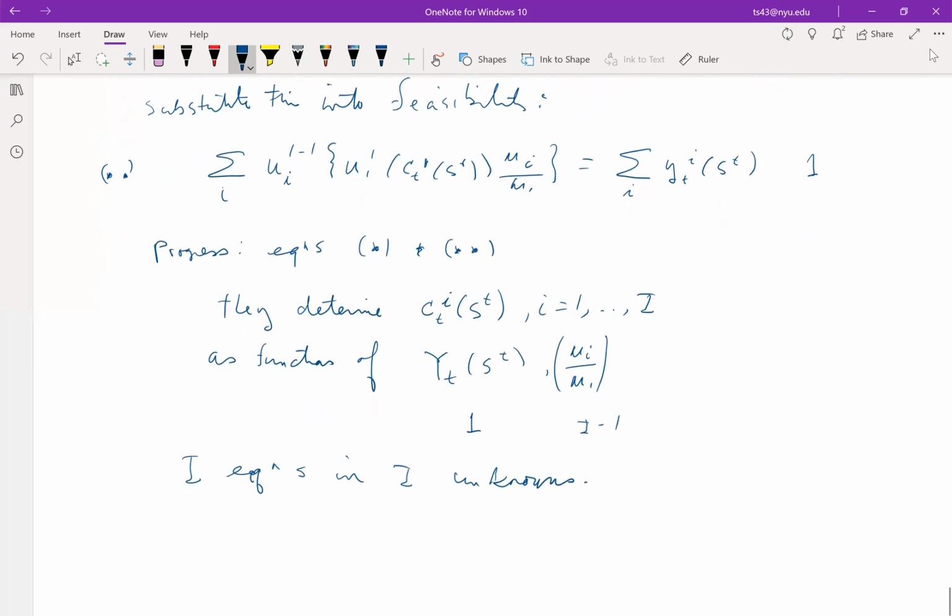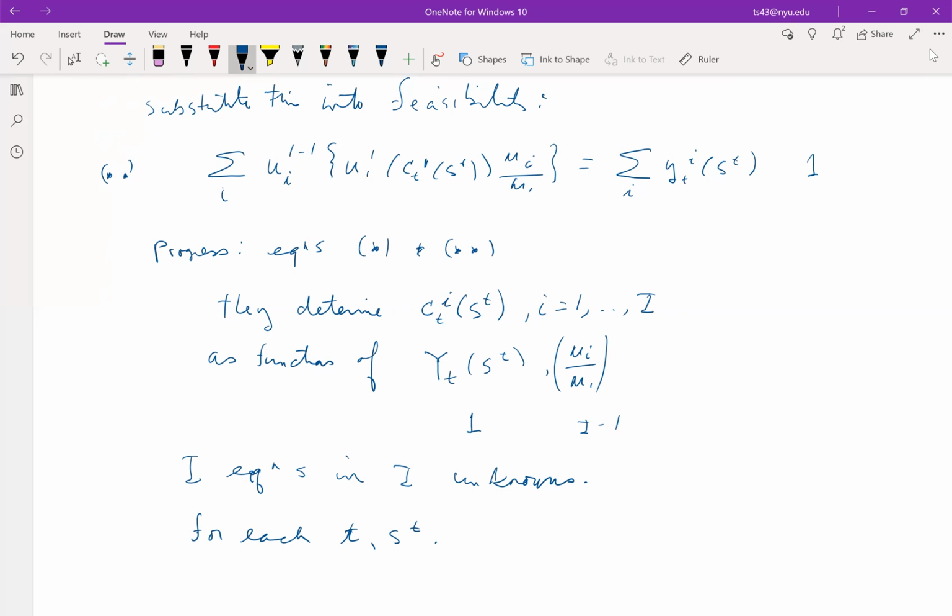Okay, and look at this, for each T and ST. Remember, I keep thinking of Hicks and Arrow's idea that dynamics and uncertainty are just a special case of statics.